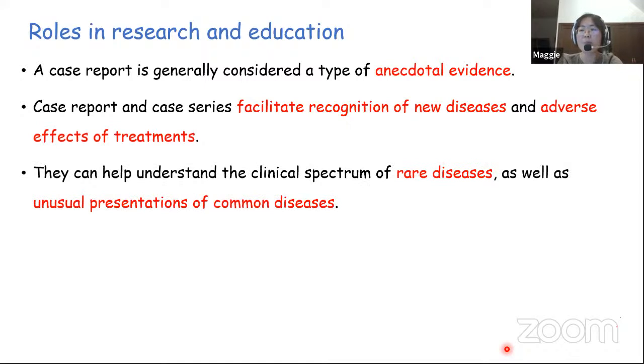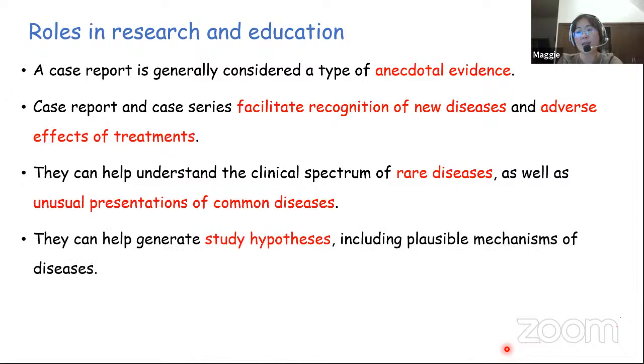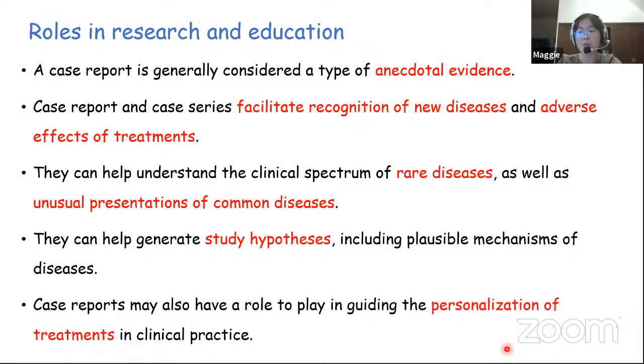And also, they can help understand the clinical spectrum of rare diseases, as well as the unusual presentations of common diseases. And they can help generate study hypotheses, including possible mechanisms of diseases. And last, case reports may also have a role to play in guiding the personalization of treatments in clinical practice. So these are the roles or the functions of case report or case series in research or clinical education.